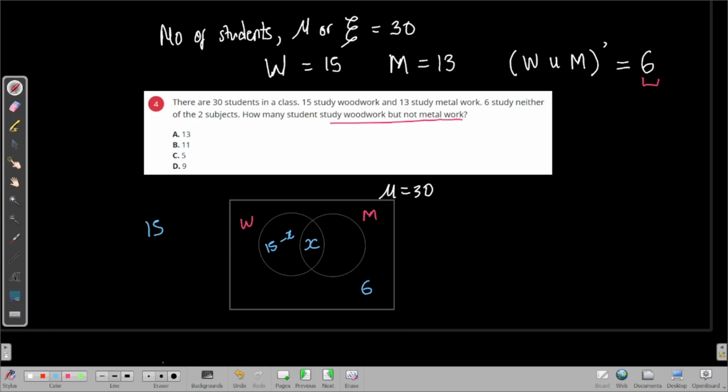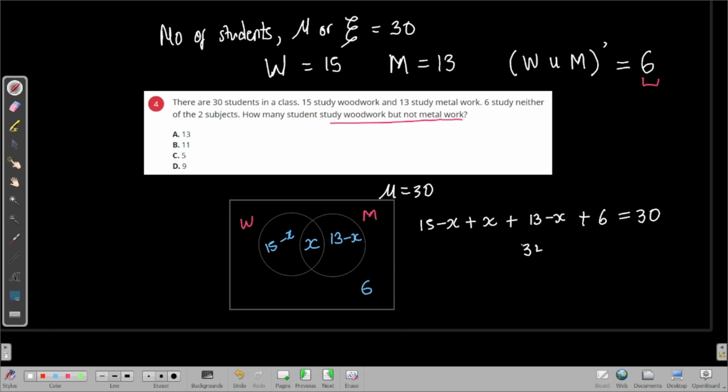And then you do the same thing for metalwork. That will be 13 minus X. So those are the students studying only metalwork, they are not studying woodwork. Now, in order to solve this, you just add everything together. So 15 minus X plus the center variable plus 13 minus X, and don't forget 6, even though it is outside, it's still part of the set, is equal to 30.